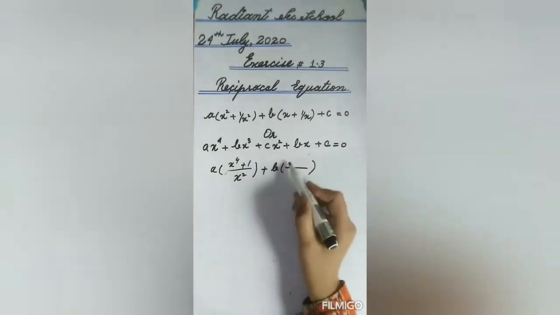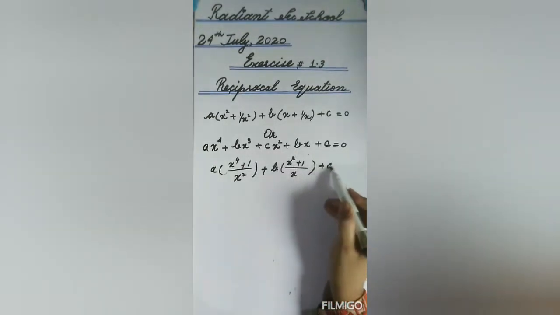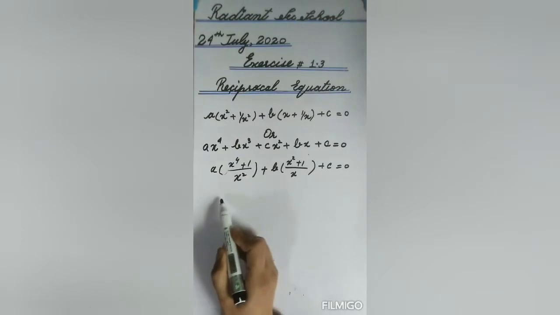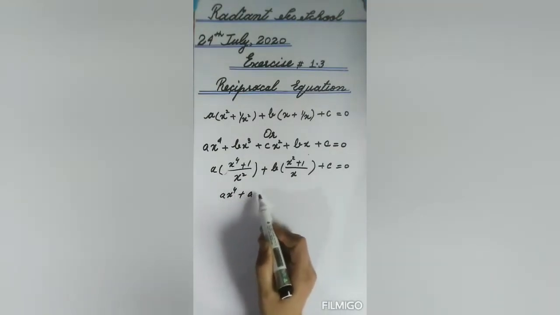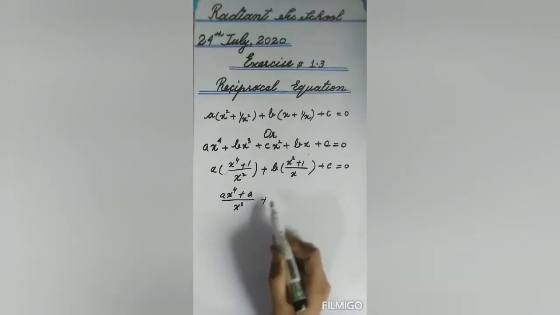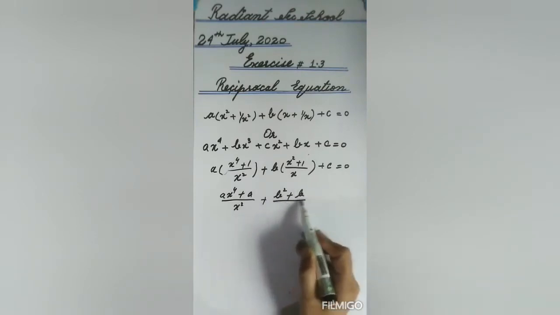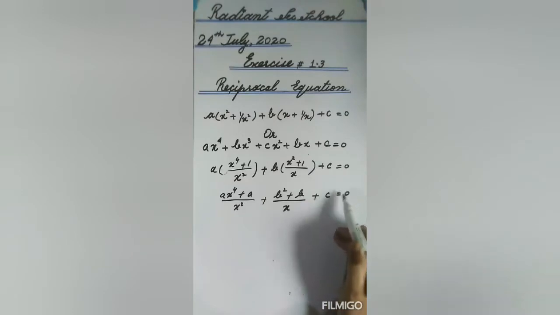LCM will be x, so it becomes x square plus 1, plus c equals 0. Now I will multiply a with both of these, then it becomes ax4 plus a over x square plus bx square plus b over x plus c equals 0.